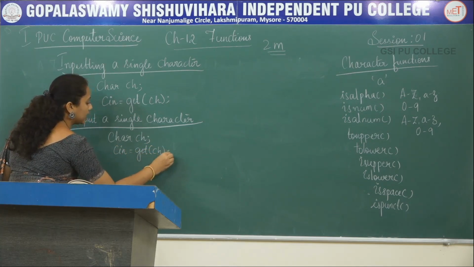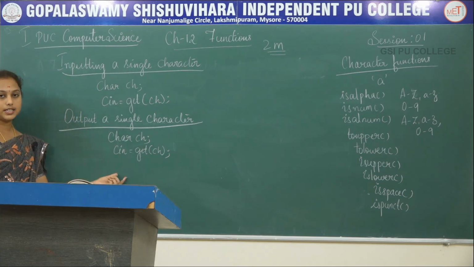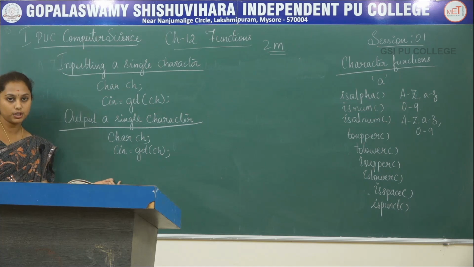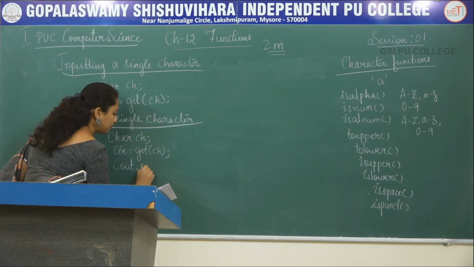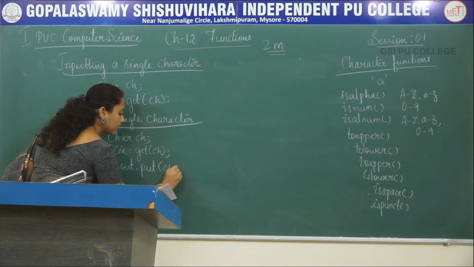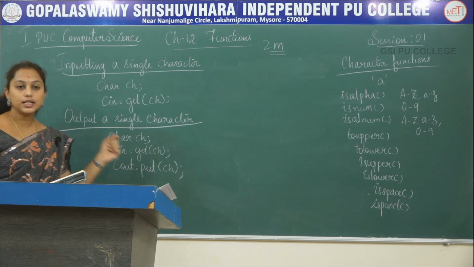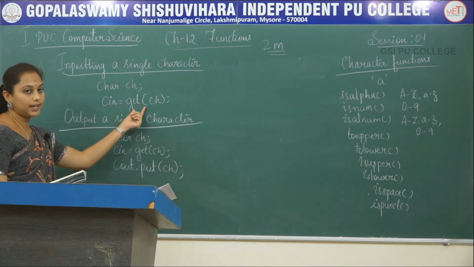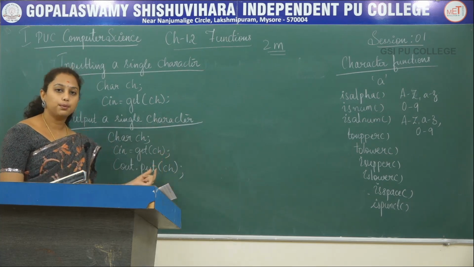We are accepting a single character. Now we are going to display the single character using the put function, cout.put(ch). So to accept a single character we have to use the get function, and to output a single character we have to use the put function.